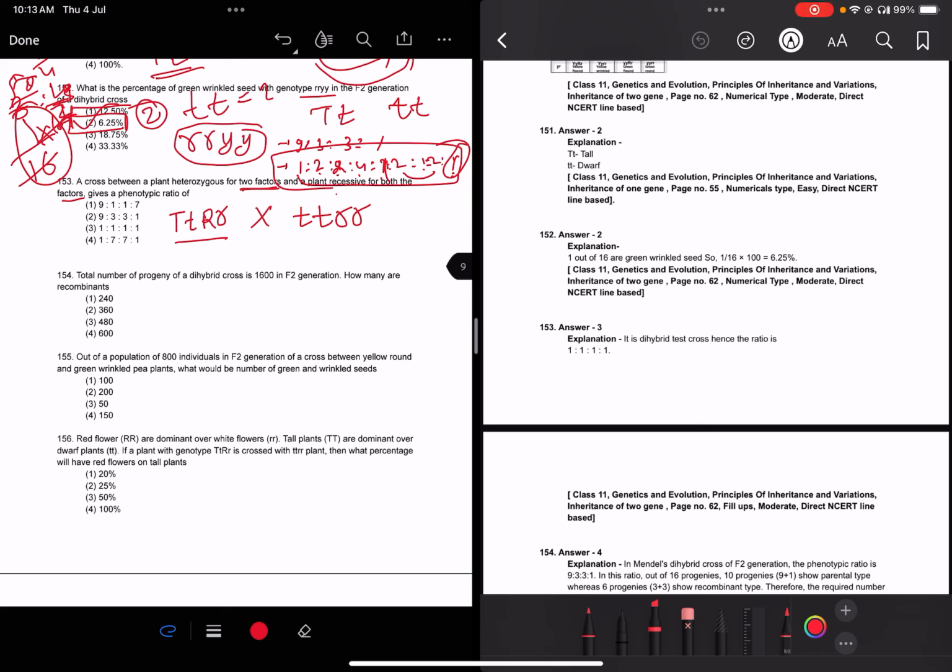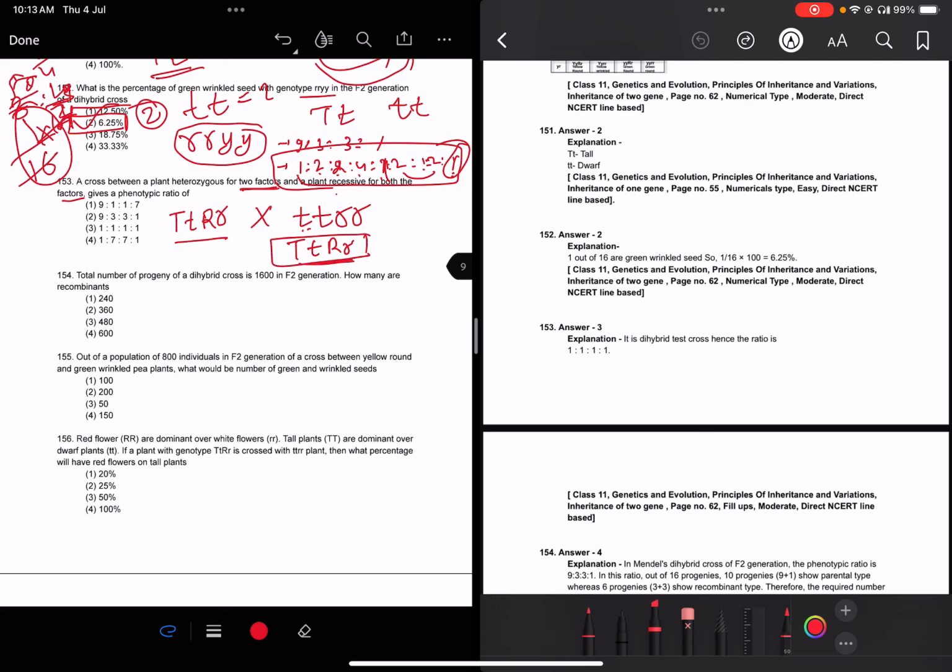There is only one possibility: Tt reacts with tt and Rr with rr.